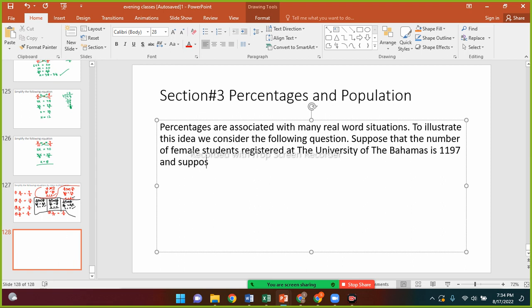And suppose further that this amount represents 63% of the total student population.